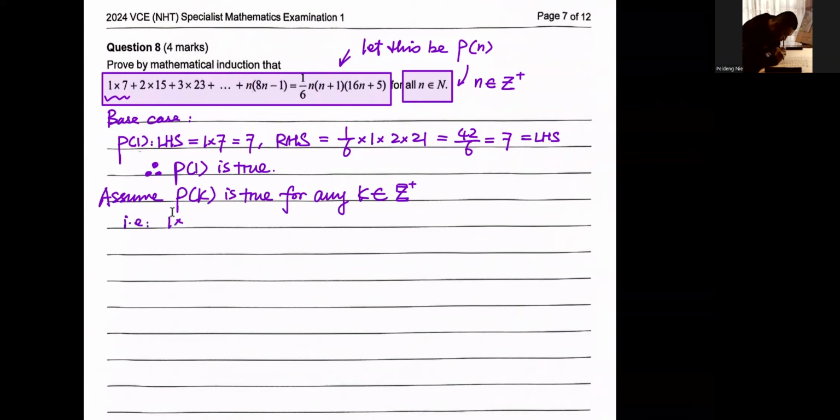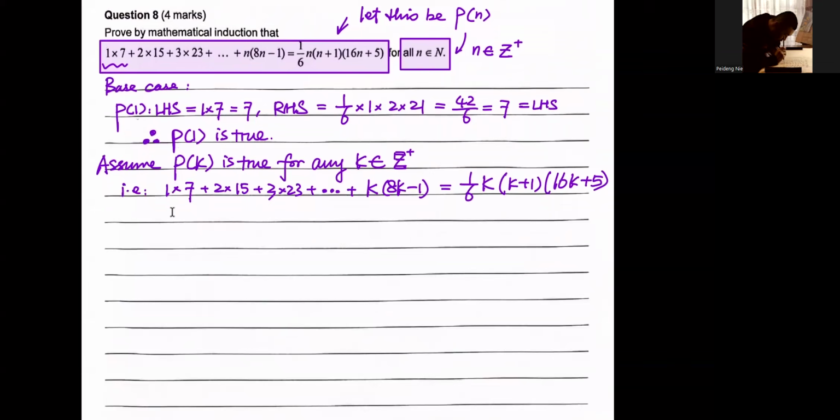I.e. 1 times 7 plus 2 times 15 plus 3 times 23, until you add to k times (8k minus 1) equals 1 over 6 times k times (k plus 1) times (16k plus 5), okay? It is a good idea to actually write down the proposition.